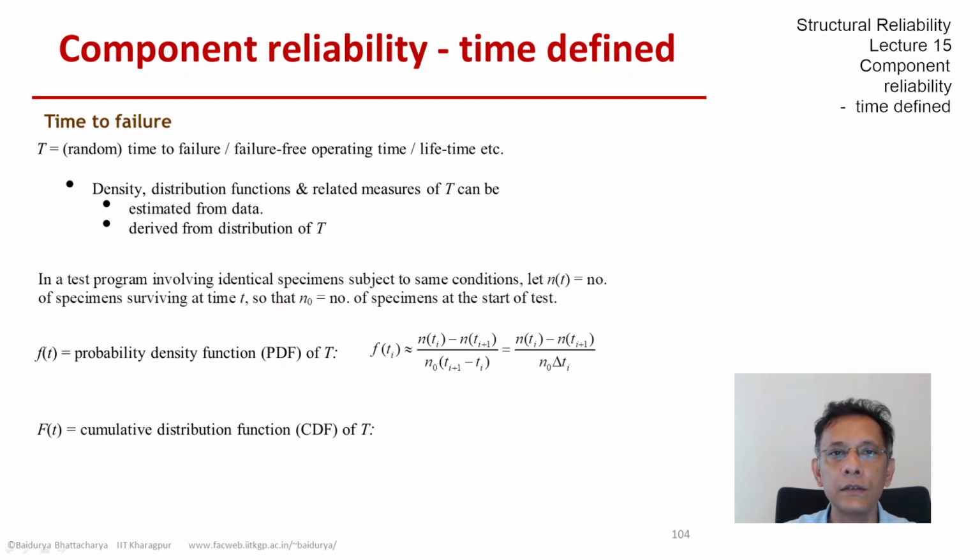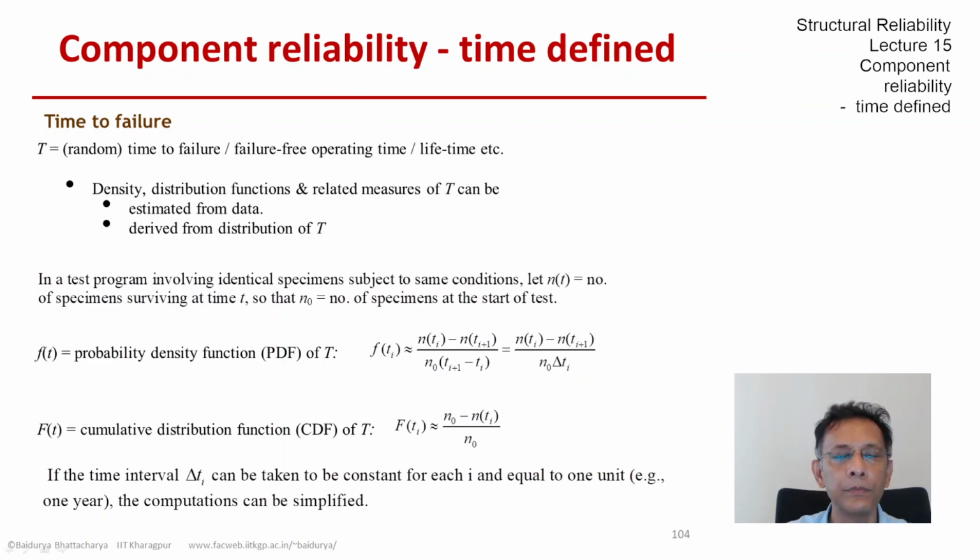We can get a similar estimate for the CDF, the distribution function of T, as the ratio of the number of failed elements at time Ti over the original number of elements that we started the test with. Commonly, we could have delta Ti to be constant, so then some of these computations could be simplified.